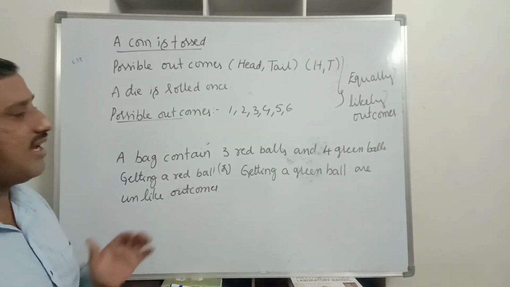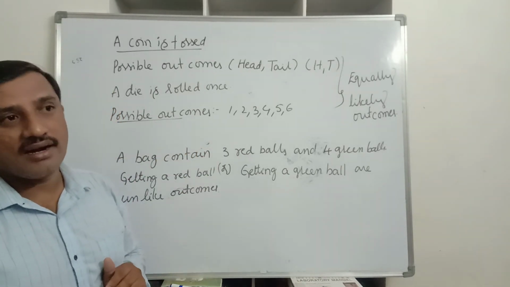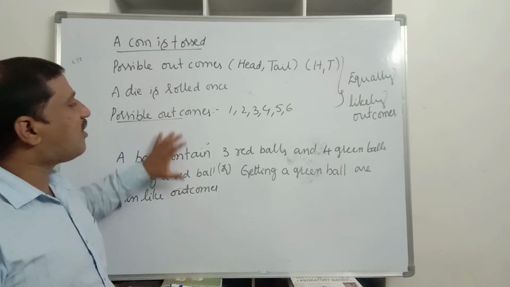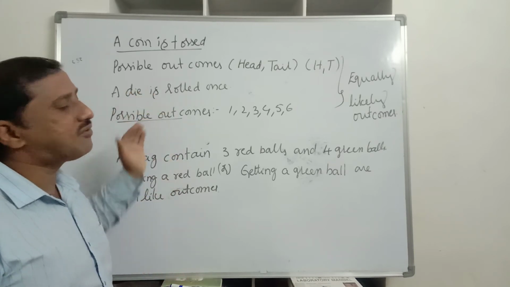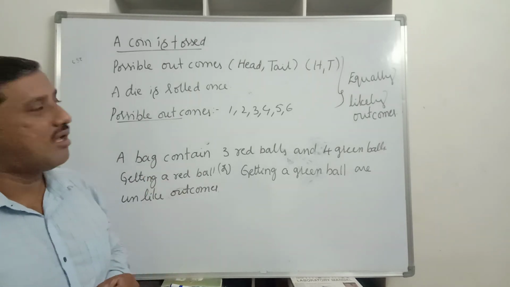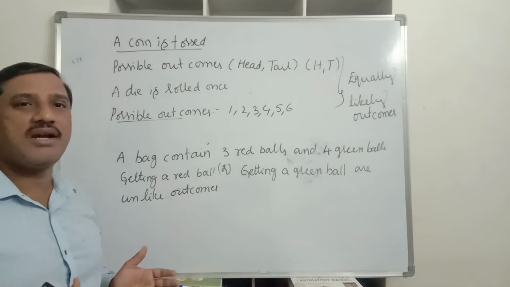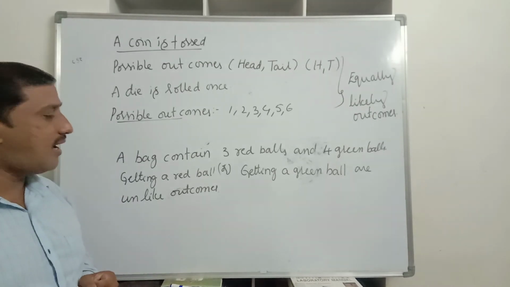Finally, we can say there are equally likely outcomes and there are unlike outcomes. We will discuss this in more detail in class 8th, 9th and 10th.